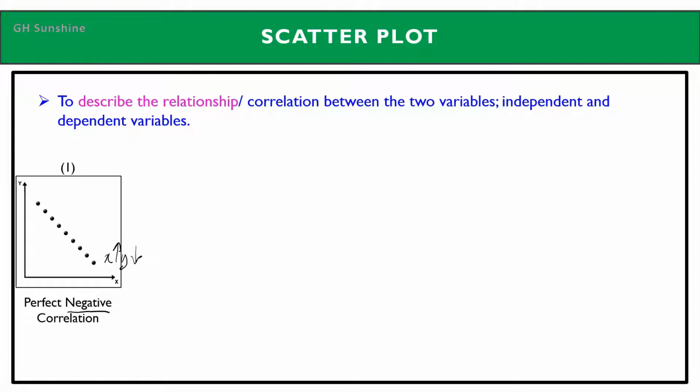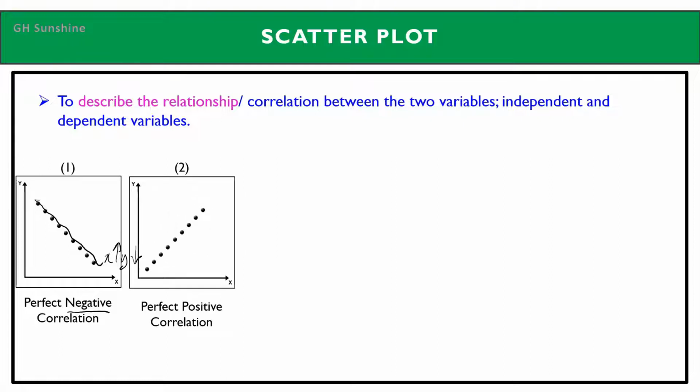But look at the points, they lie on a straight line. Therefore, the first diagram represents perfect negative correlation. Meanwhile, the second diagram is perfect positive correlation: X increases, Y increases, and all the points lie in a straight line.